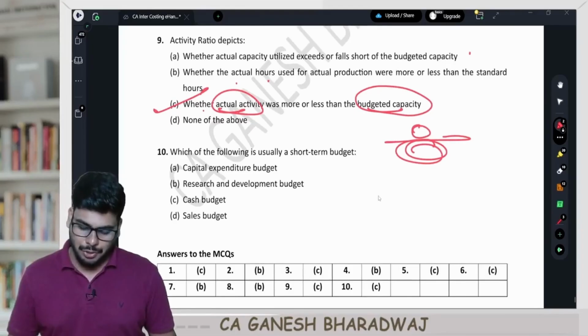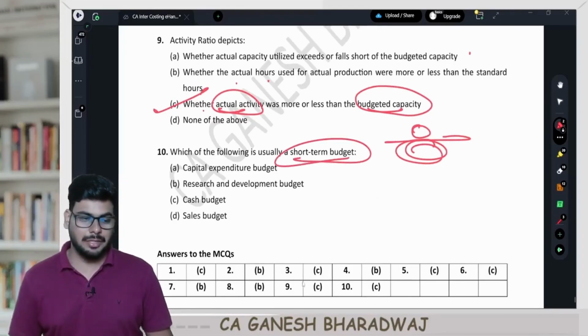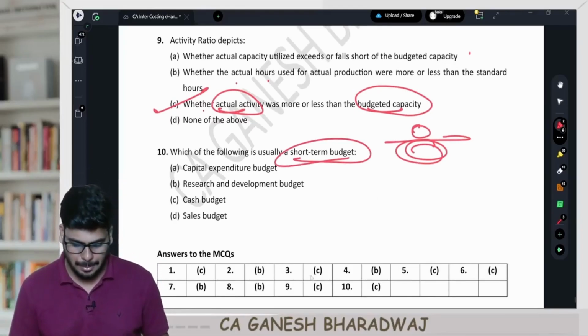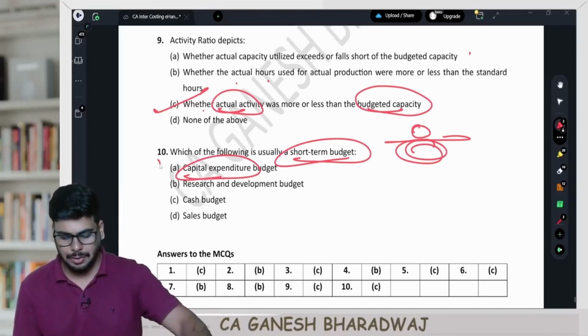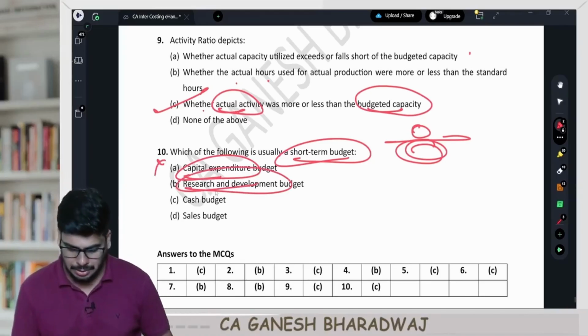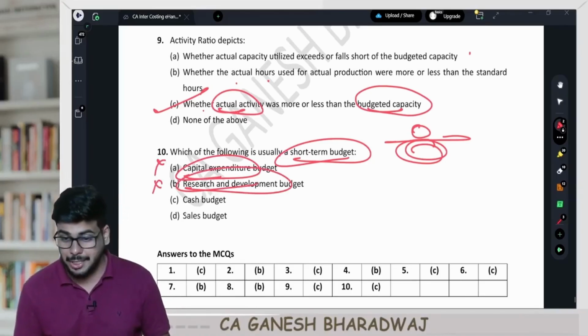And which of the following is usually a short-term budget? Which of this is a short-term budget? A, B, C, D. CapEx, is it short-term? Hello? Capital expenditure is a short-term? No. Research and development short-term, huh? No. Cash budget? Cash budget?